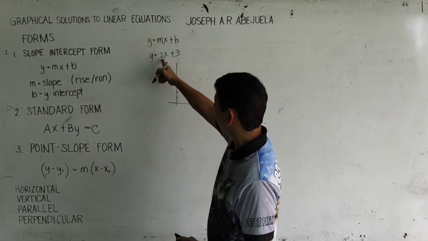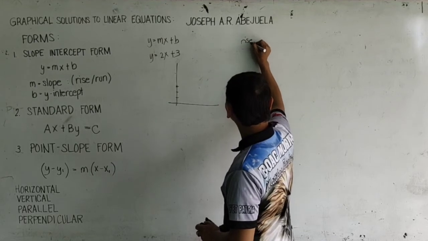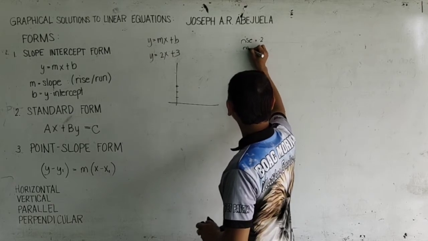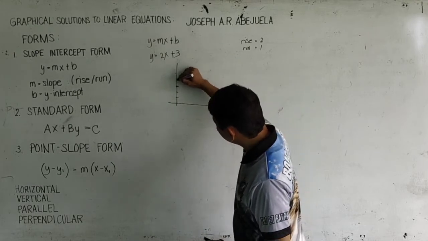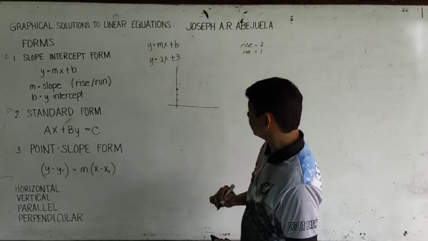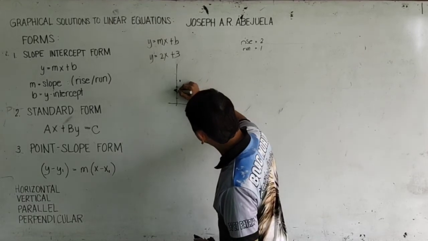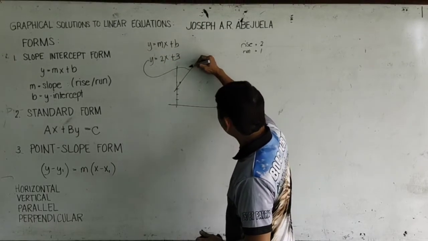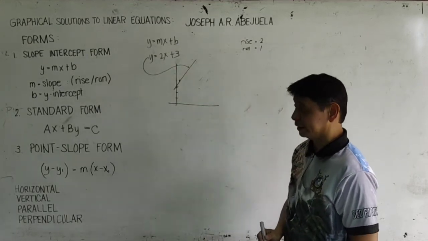And we have a slope of 2, meaning rise equals 2 over run equals 1. So as we go up by 2 points, we go to the right by 1 point. So we just connect the points. Now this is the line representing y equals 2x plus 3.